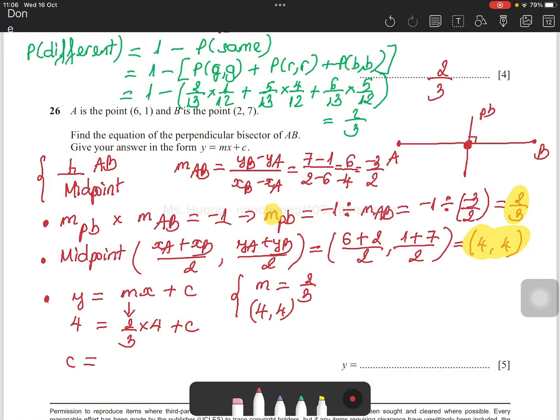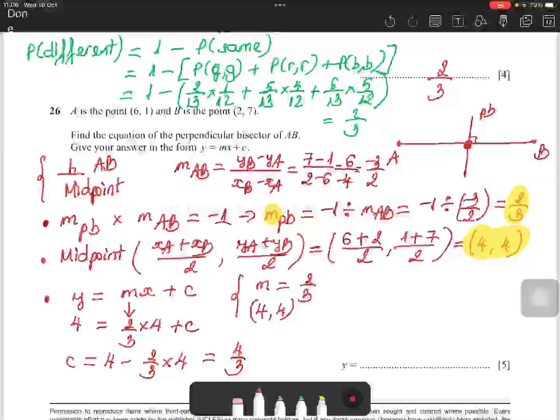So c is equal to 4 minus 2/3 times 4, which is 4/3. And now we know that the gradient is 2/3 and c is 4/3. So the final answer is y equals 2/3 of x plus 4/3. This is the end of the test.